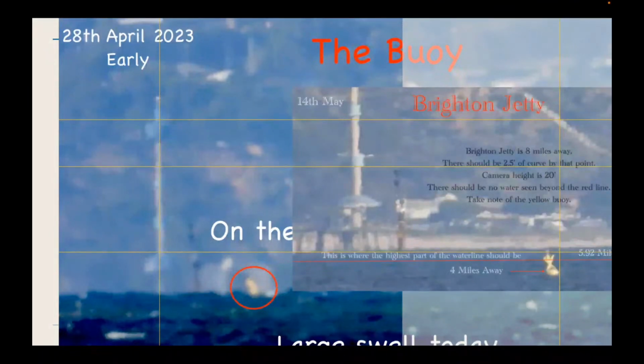We can't see the jetty at all. Now, when you look at the one on the right, the horizon has moved further away from me, closer to the jetty. So now the jetty is higher and the buoy is lower, because the buoy is now in front of the horizon and the jetty is now on the horizon.